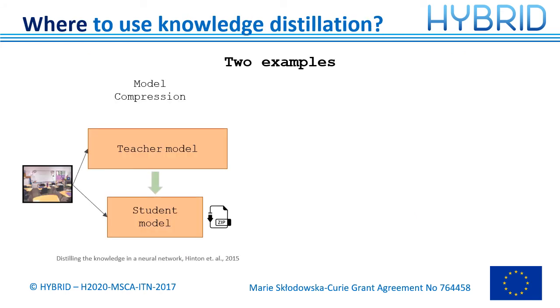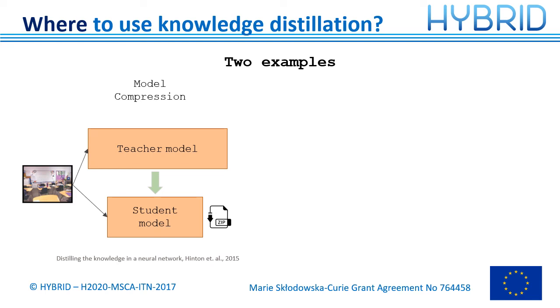Where to use knowledge distillation? You can find several applications of knowledge distillation in the literature review. One of its main applications is model compression, in which a compact model is trained under the supervision of a larger pre-trained model or an ensemble of models. So in this context, both models of teacher and student are trained based on the same input.